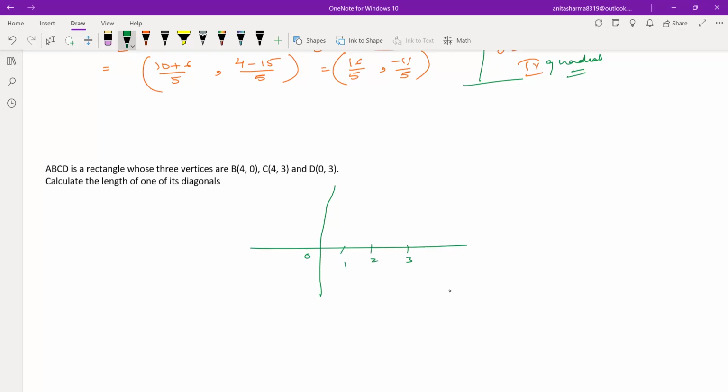So now when this is 0, here only 4, 0, and C coordinate is 4, 3. It means 4 and 3 will lie here, right, beta? Now D is 0, 3. It means this point. So this is your A point, this is your B point, this is C, and this is D. So your rectangle is this now.